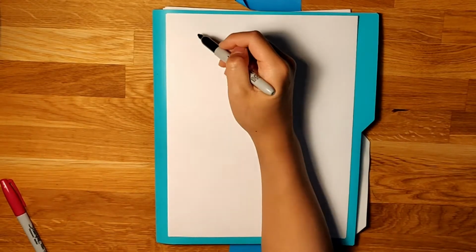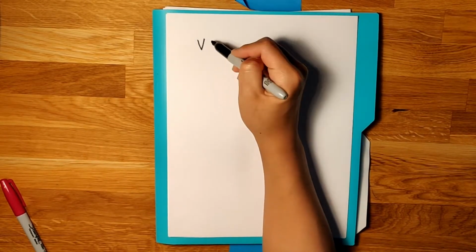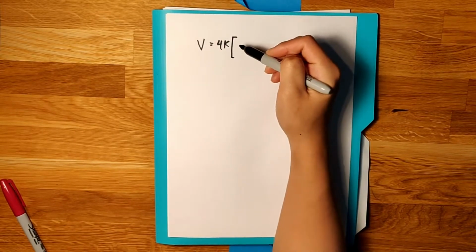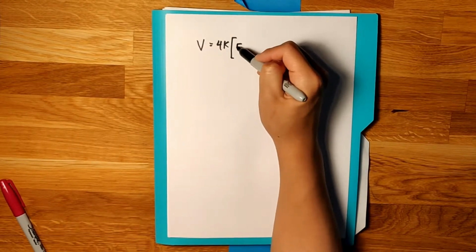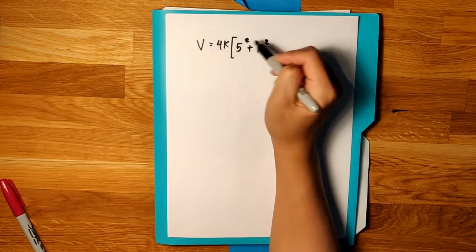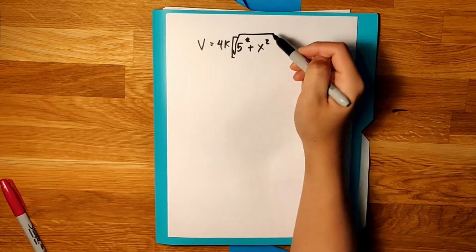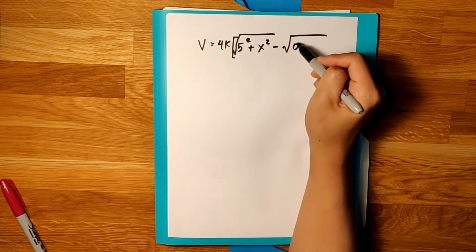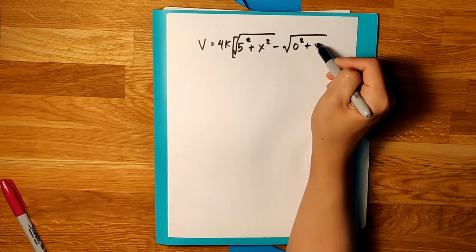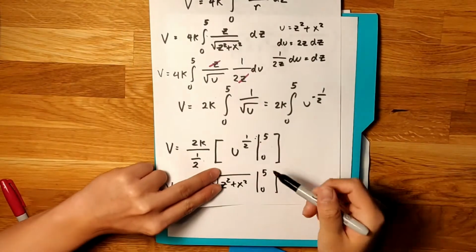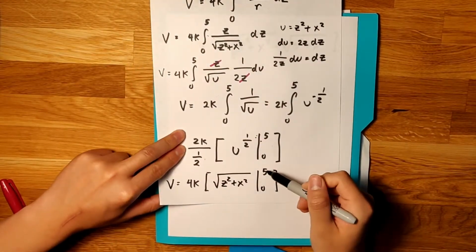Plugging in our 5, we will get that V is then equal to 4k, and we plug in 5, we'll get the square root of 5 squared plus x squared, minus, plugging in the 0 now, the square root of 0 squared plus x squared. And again, this is simply from plugging in our 5 and 0 into z.